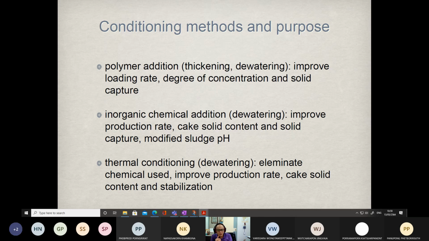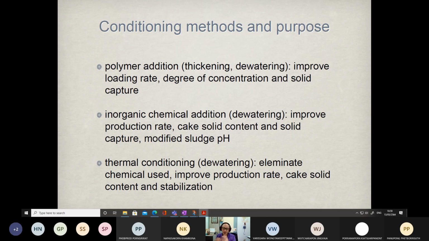And for thermal conditioning, we apply heat. When the heat is applied to the sludge, the oil or proteins bound around the sludge particles will be broken, and then the sludge can be removed.